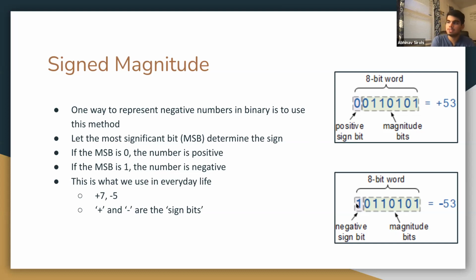And this is kind of what we do in everyday life. When we have numbers such as +7 or -5, the plus and the minus are the sign bits. They tell us whether the numbers are positive or negative.